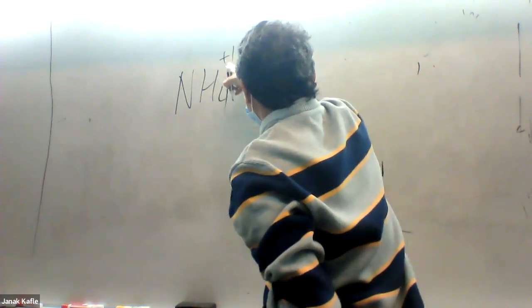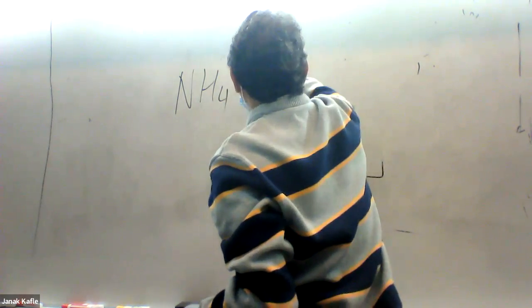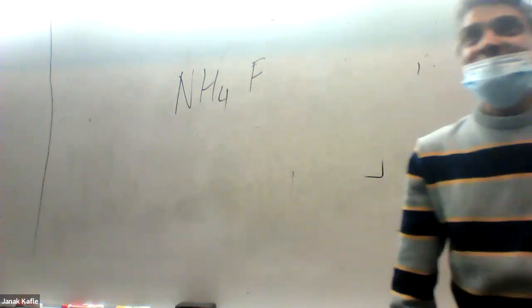If I pull this one down here and this one here, I don't have to write that. Just looking here, NH4F. This compound is soluble in water. All those green boxes mean that those compounds are soluble. So without doing an experiment, I found that NH4F is soluble in water.